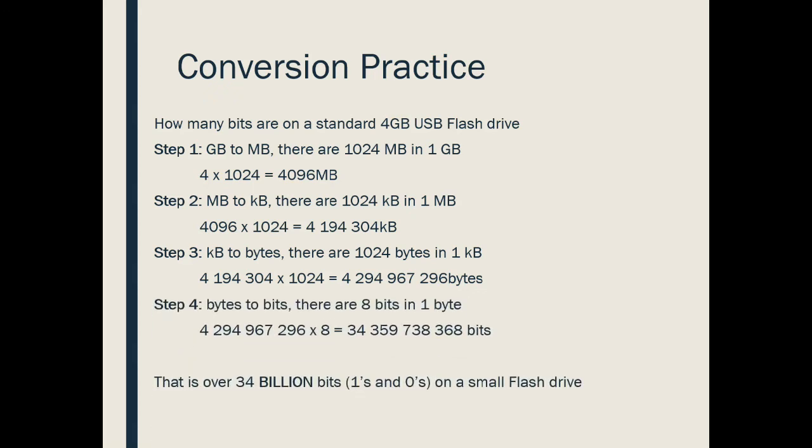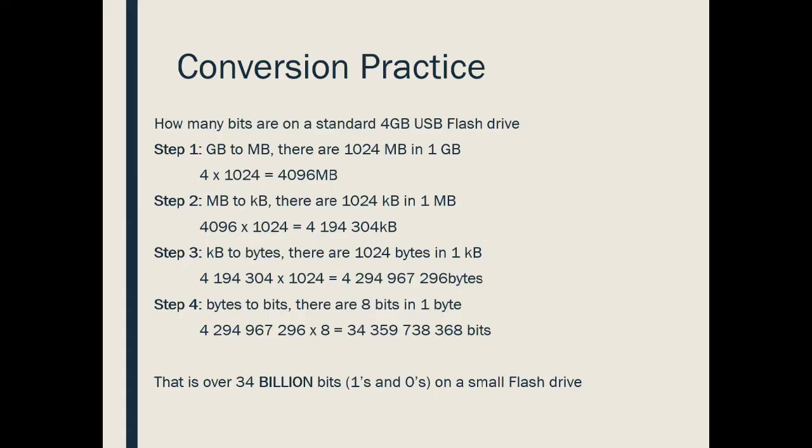So we end up with a value of 34,359,738,368 bits. That's how many ones and zeros are on our 4 gigabyte flash drive. 34 billion. That's a lot. And that's a small flash drive. 4 gigabytes is tiny by today's standards. Most people are walking around with 32, 64, 128 gigabyte flash drives. It's a lot.